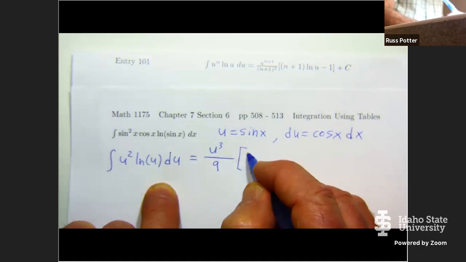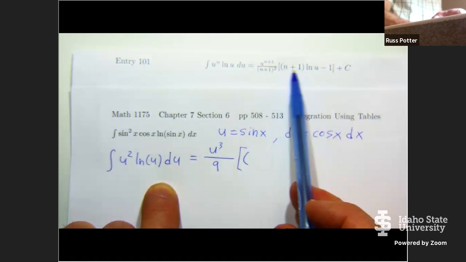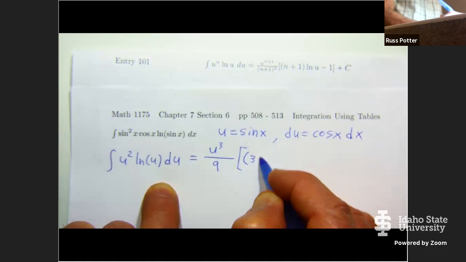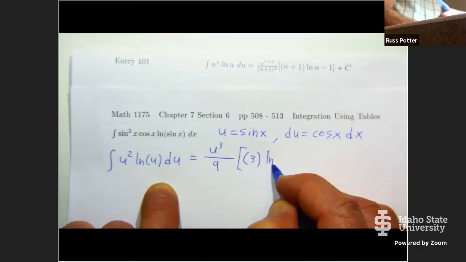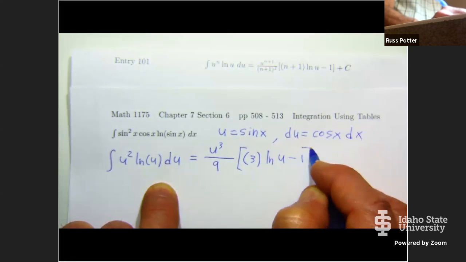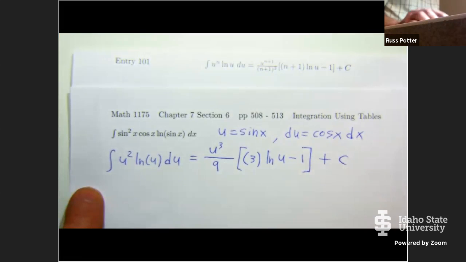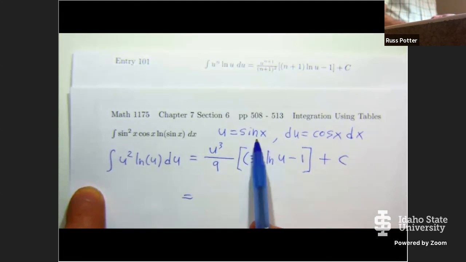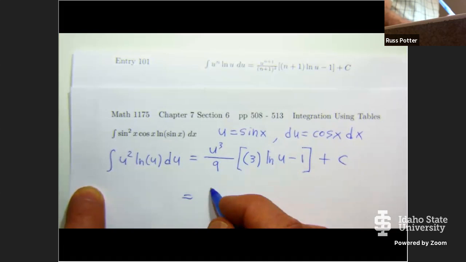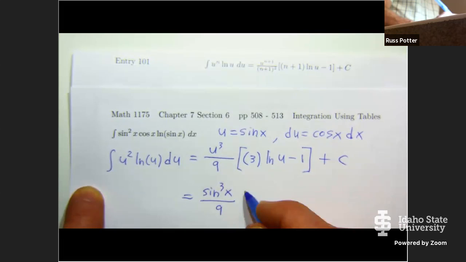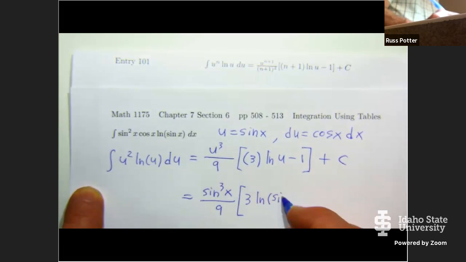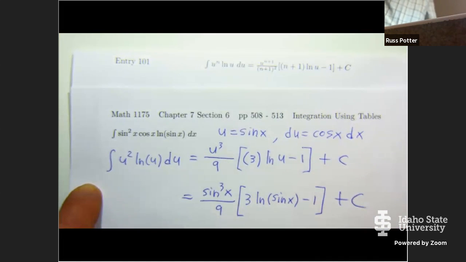And then times the quantity n plus 1, which is 2 plus 1, or 3, times the natural log of u minus 1, plus a constant. And then the last step, replace u with sine of x. So we get sine of x to the third over 9 times the quantity 3 times the natural log of sine of x minus 1, and then plus a constant.